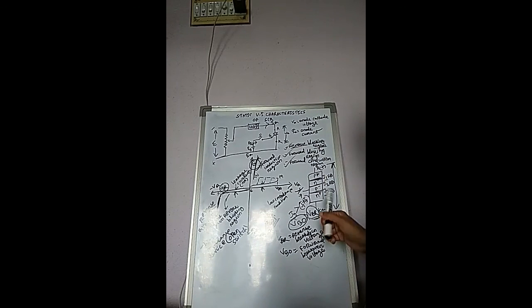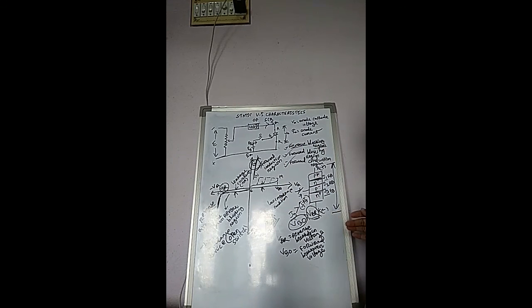I mentioned that when we apply positive voltage at anode and negative voltage at cathode with switch S open, and we increase this voltage, one critical breakdown voltage is reached, and that voltage is VBO. After reaching this voltage level, the depletion layer at junction J2 is reduced and current conduction starts, or current starts flowing through this junction.